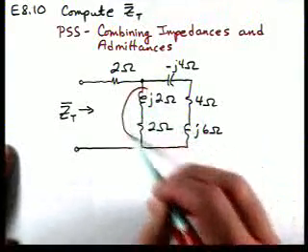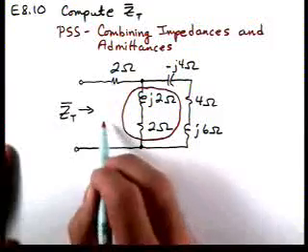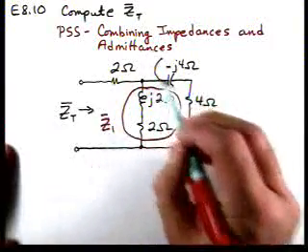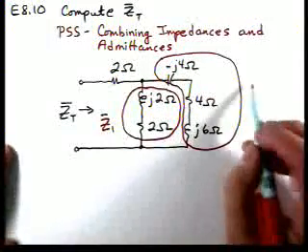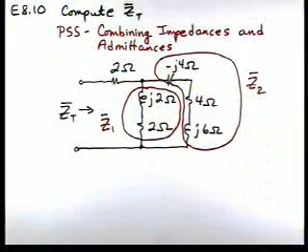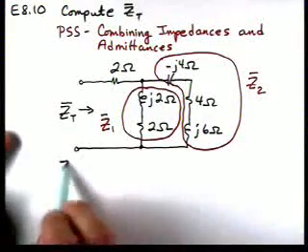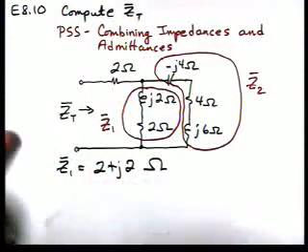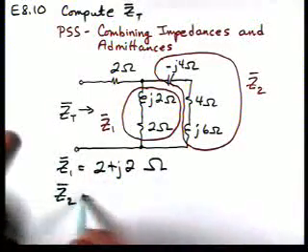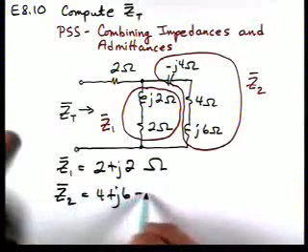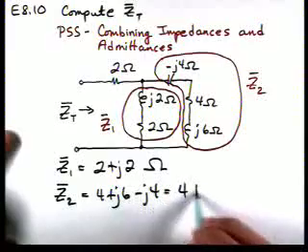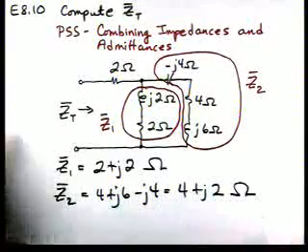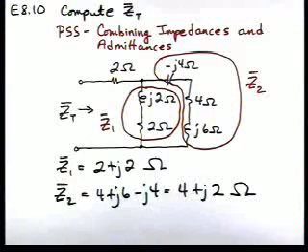We basically have a series combination here, which I'm going to call impedance Z1, and here we've got another set of impedances in series, which I'm going to call Z2. Z1 is 2 plus J2, and Z2 is 4 plus J6 minus J4, which is 4 plus J2. So there's our first step, to combine those in series.